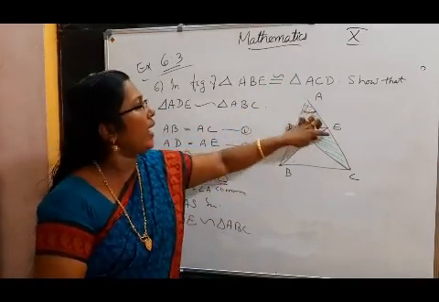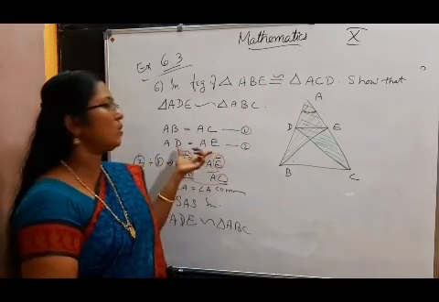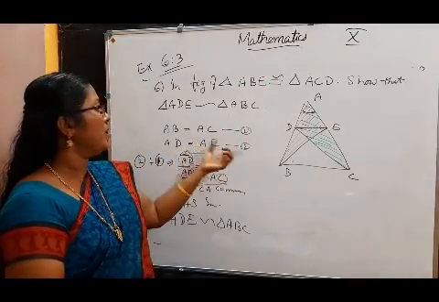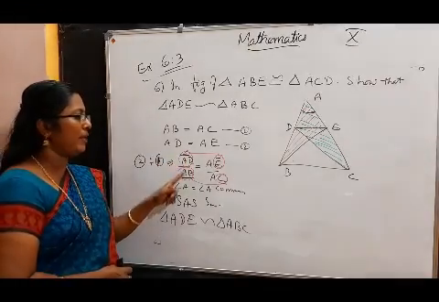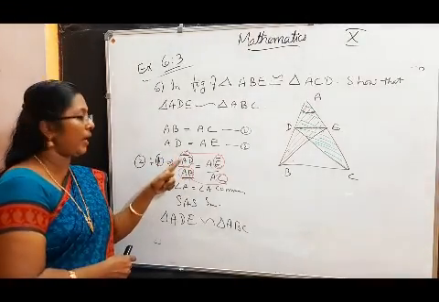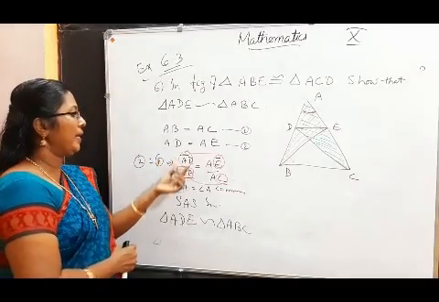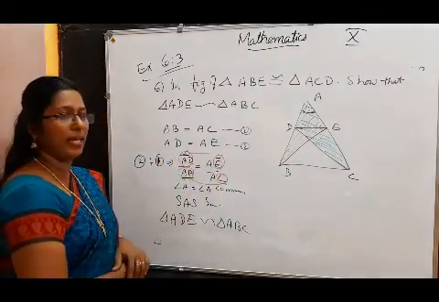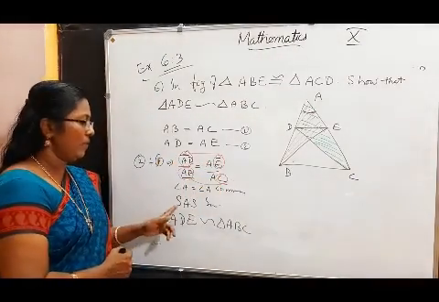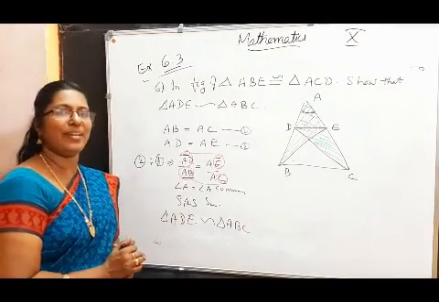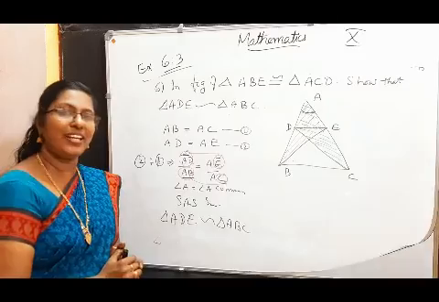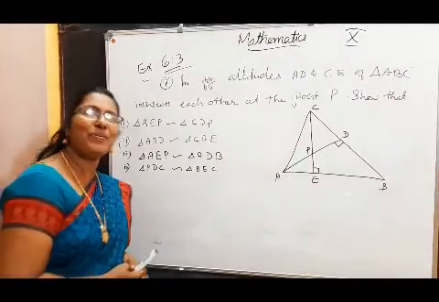AD and AE are also sides of the congruent triangles, so they are also equal. By dividing 2 by 1, AD by AB equals AE by AC, and angle A is common. By SAS, we can say these two triangles are similar. Okay? Next.